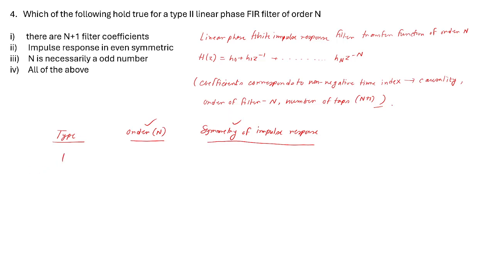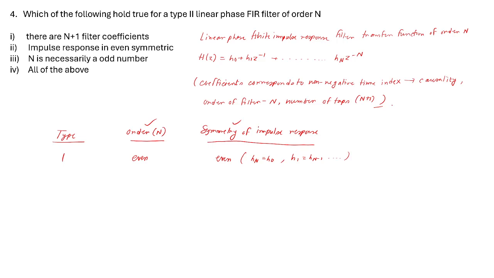The type 1 linear phase FIR filter has order n even, and the impulse response is even symmetric. Even symmetric corresponds to this: hn is going to be h naught, that is the first and last coefficients are the same. The second and second last coefficients are the same, that is h1 is equal to hn minus 1, like that. So it's symmetric around the center of the sequence of the impulse response.